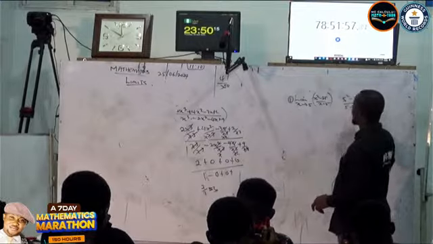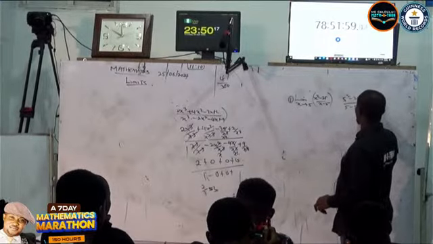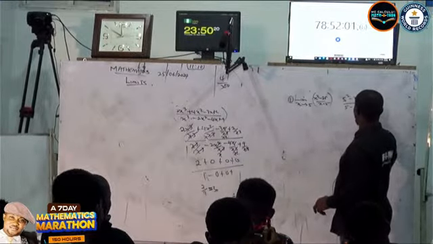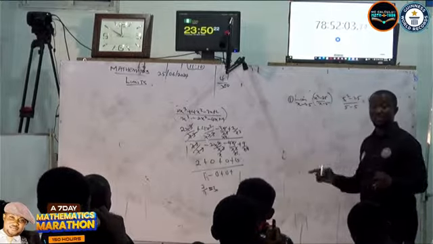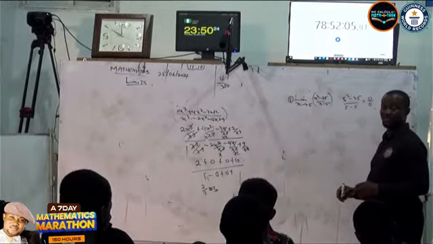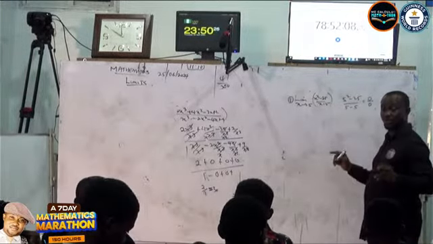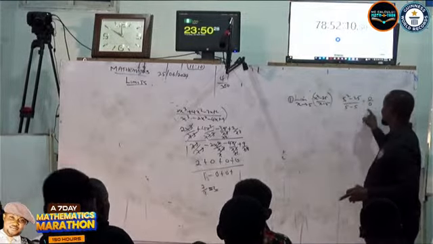What is 5 squared? 25 minus 5, 5 minus 5. Anytime you solve a limit in your entire life, and you have 0 over 0, it is very wrong.